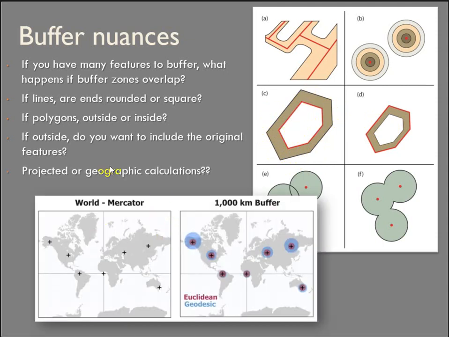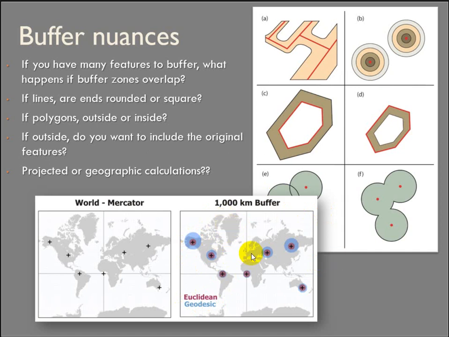And then a biggie is, are you using a projected or geographic calculation? So are you using a Euclidean distance or a geodesic distance? And this shows the two differences. If you're working in a projection like this, the red is showing what a Euclidean buffer would look like, applying the projection, but a geodesic calculation, you can see the distortion on the map, right?